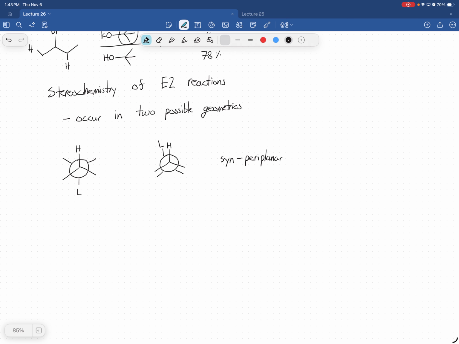So with eclipsing, you are going to have more energetically unfavorable interactions. So this is not preferred. It's higher in energy because of that. This is called syn-periplanar geometry. Syn is because there's no angle of rotation between them. They're eclipsing each other. So this will be energetically less preferred.